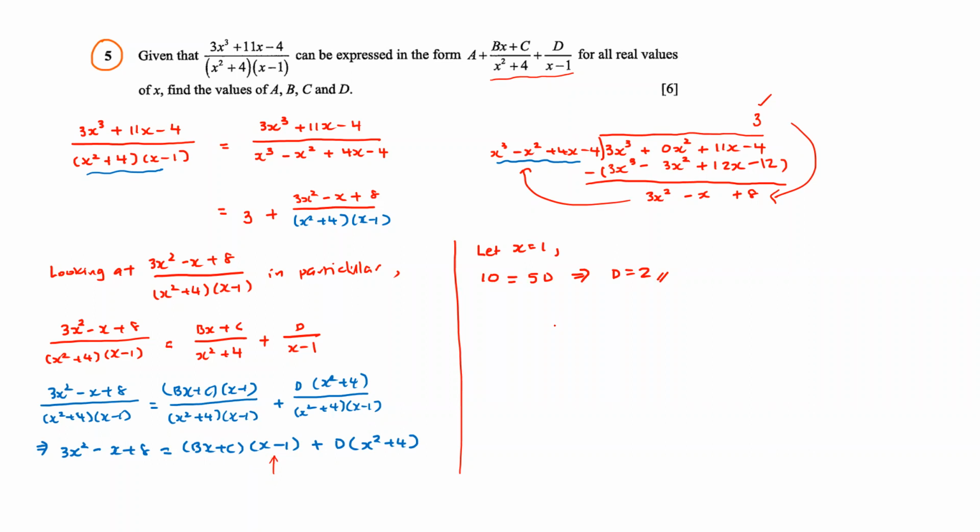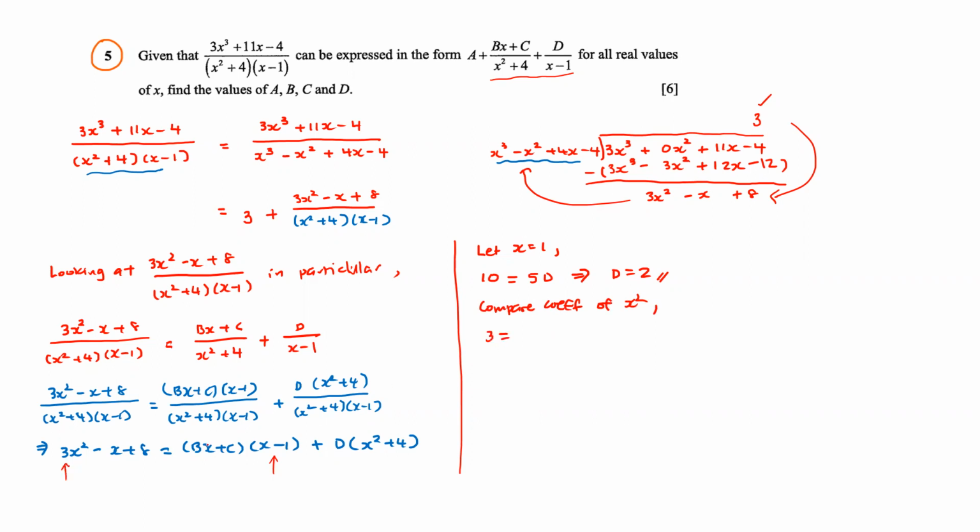Now next, I realize that I cannot substitute any more values of x so that I eliminate an entire term. So what I could do next is to compare coefficients. Now let's compare coefficient of x squared. Okay, now on the left hand side, my x squared coefficient is 3.